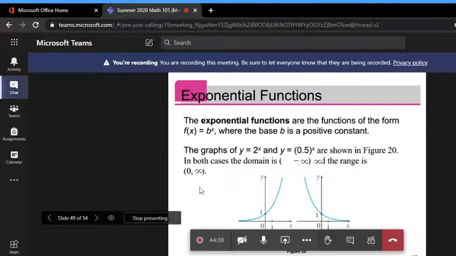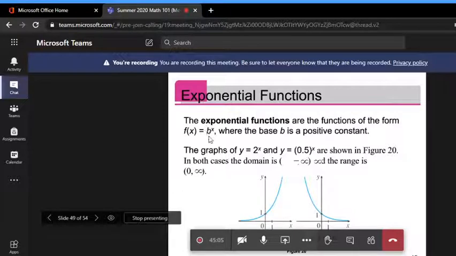Exponential functions. Exponential functions are different functions, like it is a base and power. The base is a number, power is an x now. So it is the opposite of power functions. For power functions, the base is x and the power is a number. For exponential functions, the base is a number, the power is an x. For example, we have two examples here.